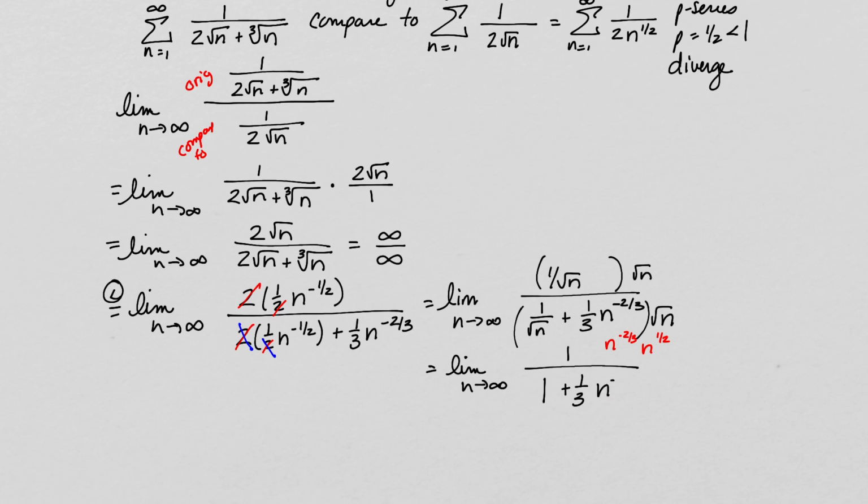I have n to the negative 2/3, n to the 1/2 multiplied times each other, and then I want to put them together. So this is really the limit as n approaches infinity of 1 over 1 plus 1/3. If you add those two exponents together, you actually get n to the negative 1/6.